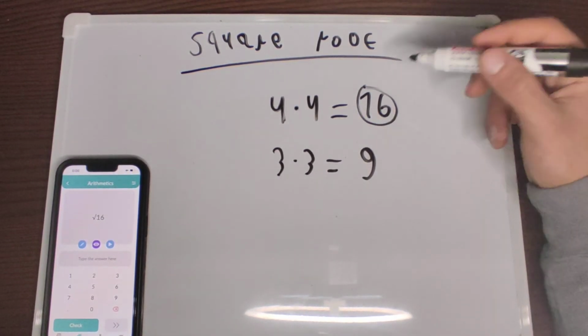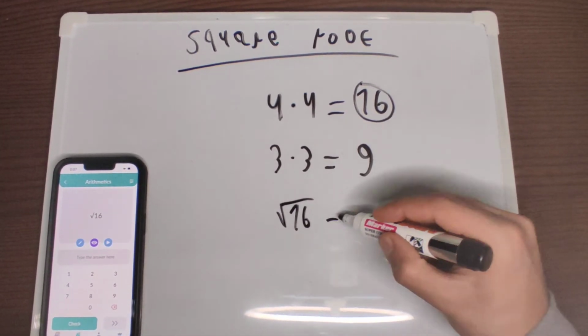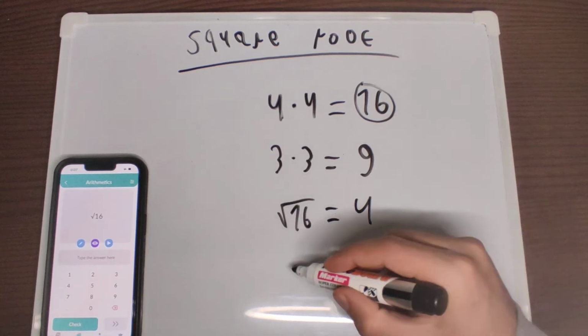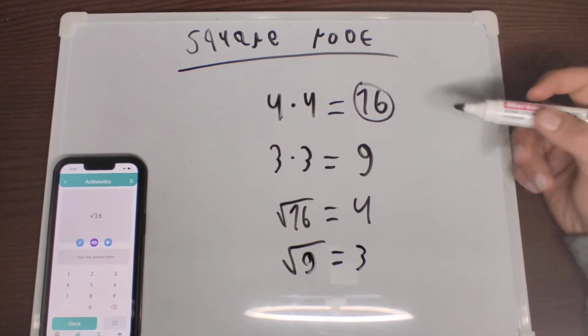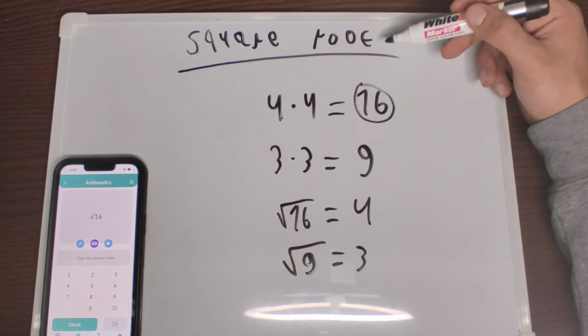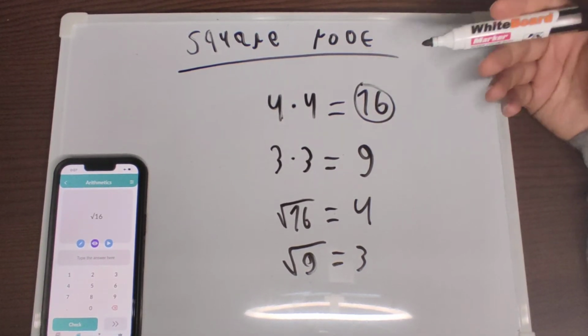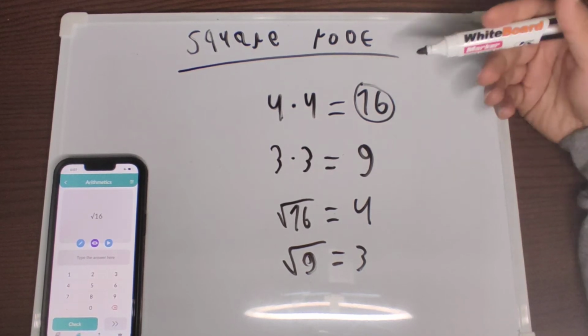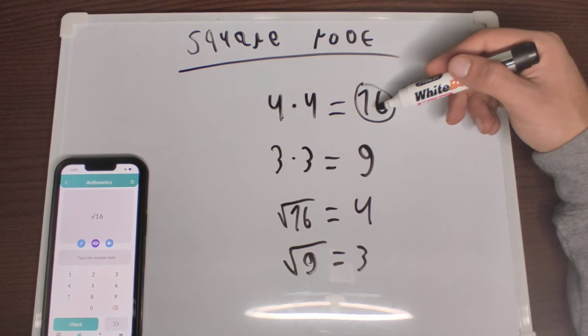So the square root of 16 is 4, and the square root of 9 is 3, because the definition of square root is: what number should I multiply by itself to get my number.